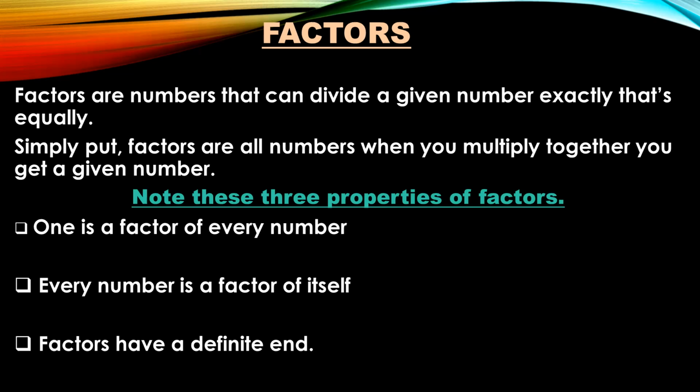Like I said, factors are numbers that can divide a given number exactly. So when you have a certain number and a group of numbers that can divide it equally, those numbers become the factors of that number. Factors are numbers that can divide a given number exactly without any remainder.